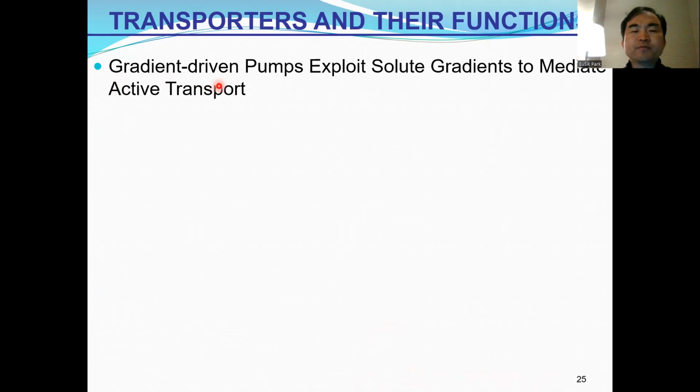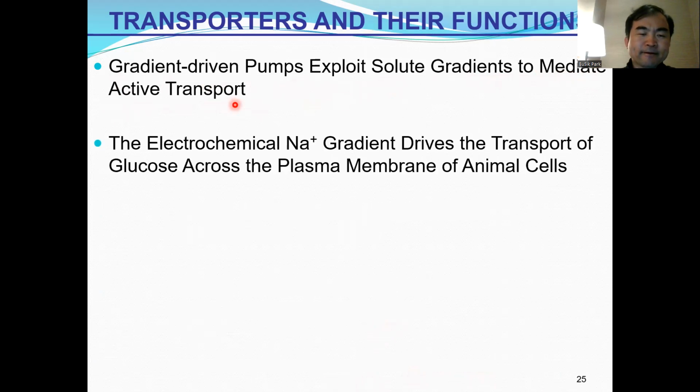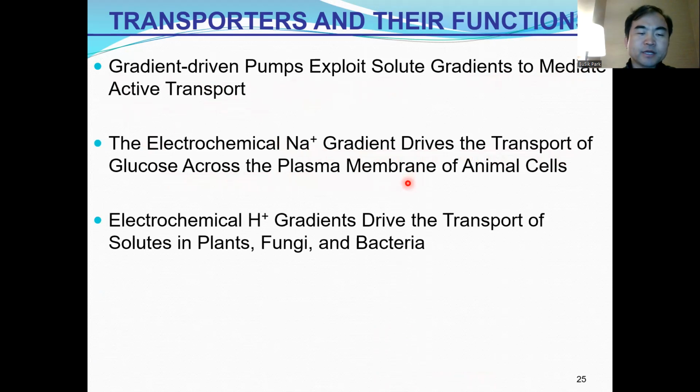And gradient-driven pumps exploit solute gradients to mediate active transport. The electrochemical sodium gradient drives the transport of glucose across the plasma membrane of animal cells. The electrochemical hydrogen ion gradient drives the transport of solutes in plants, fungi, and bacteria.